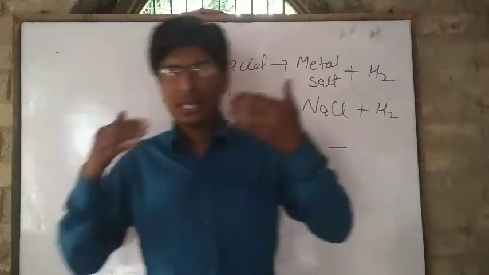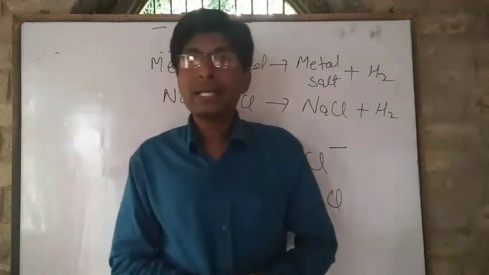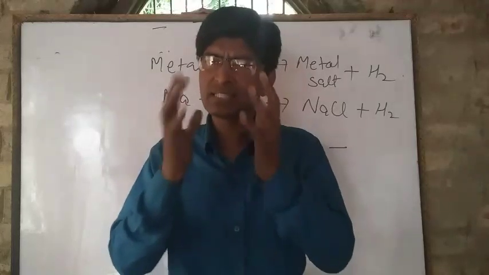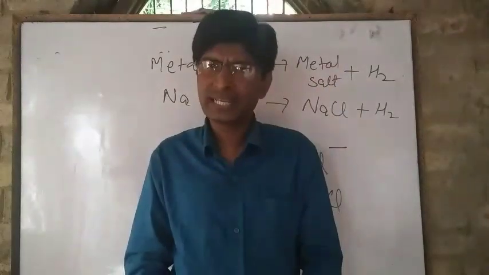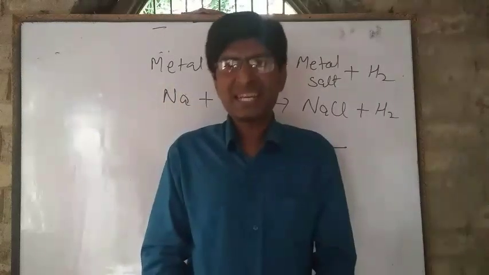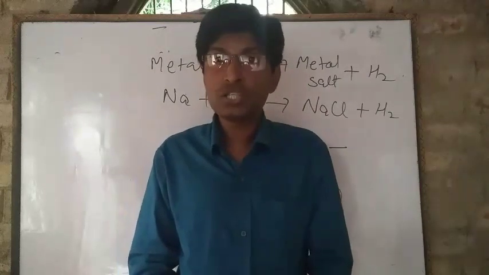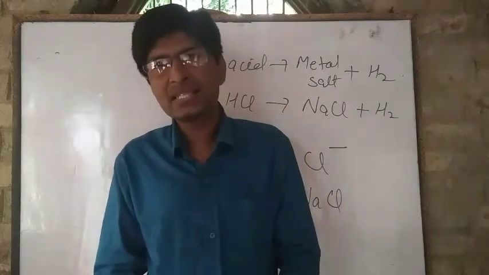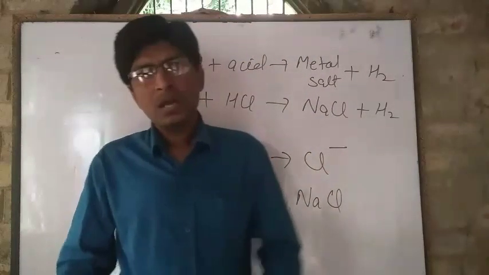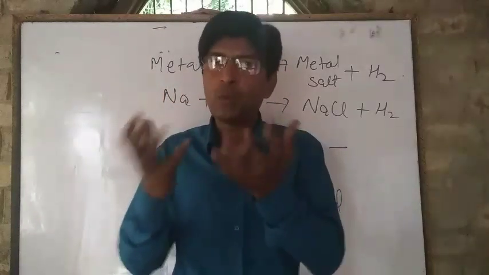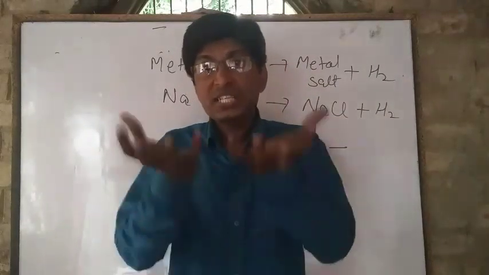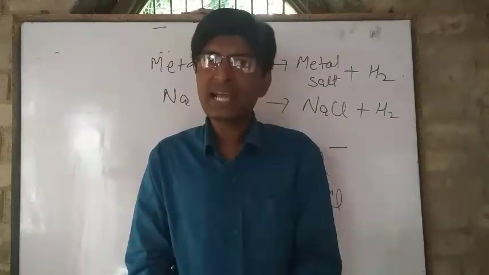Dear students, there are some properties of ionic compounds. Ionic compounds are hard and strong due to strong forces of attraction between the cations and anions. Ionic compounds are good conductors of electricity in molten state, because an ionic compound can produce ions in molten state or in aqueous solution. Ionic compounds have high melting and boiling points because a tremendous amount of energy is required to break the bonds between cations and anions.